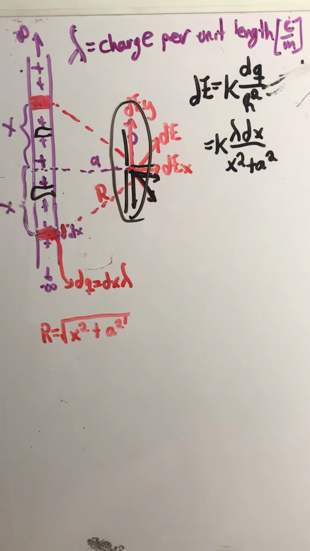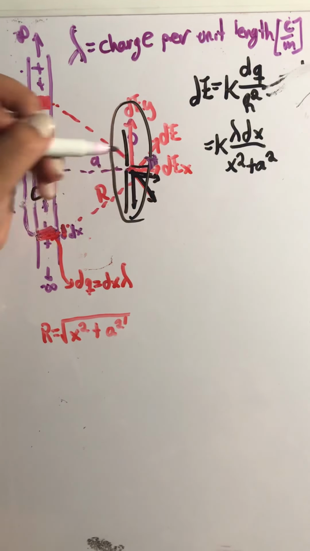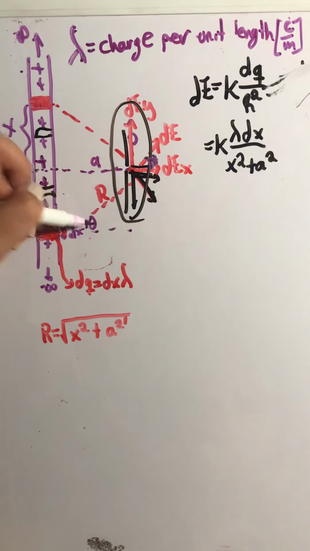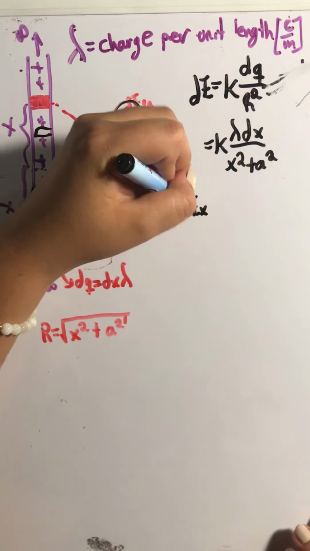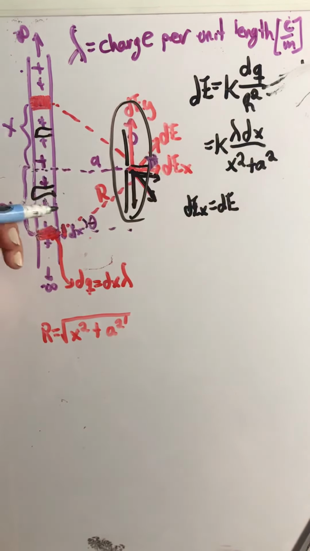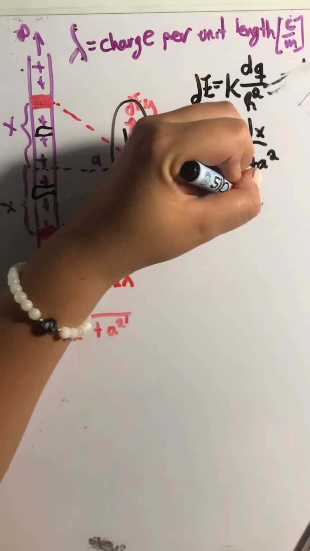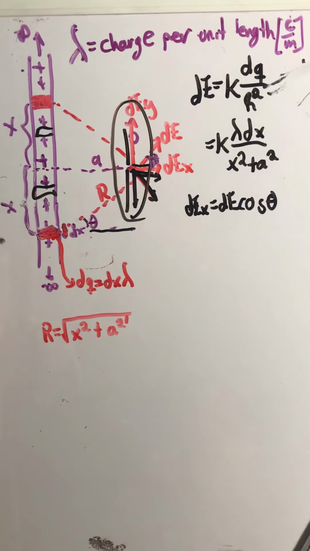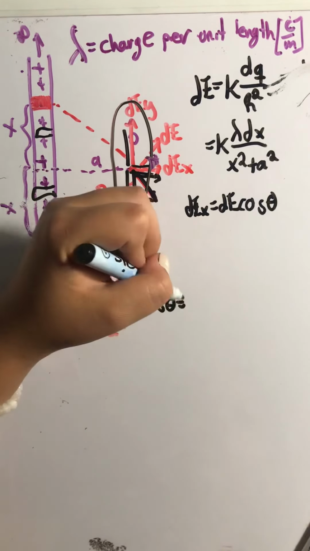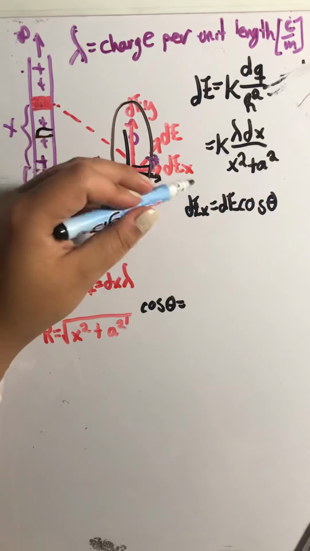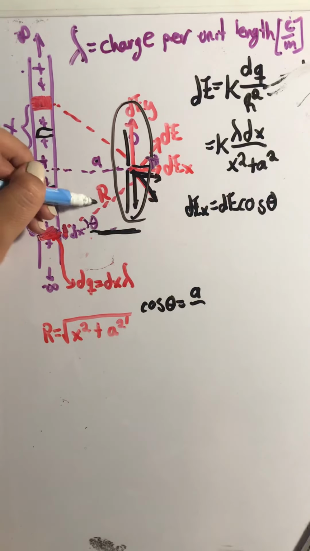But dEx is not the same as dE. We have this angle theta, which is the same as this angle. So dEx equals dE times cosine theta, because dEx is the adjacent side of the angle. We can also calculate cosine theta, which equals the adjacent side, a, over the hypotenuse, r.